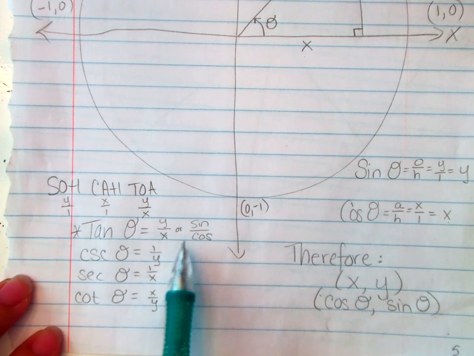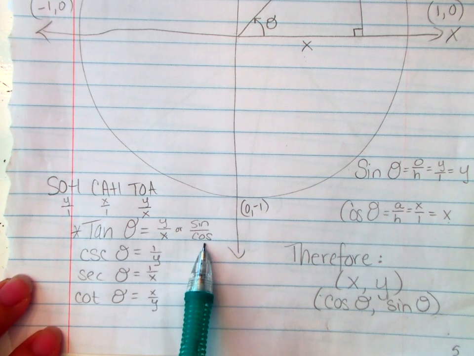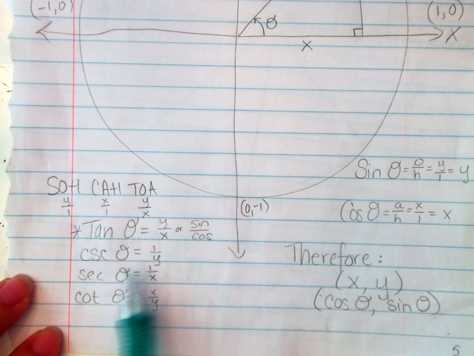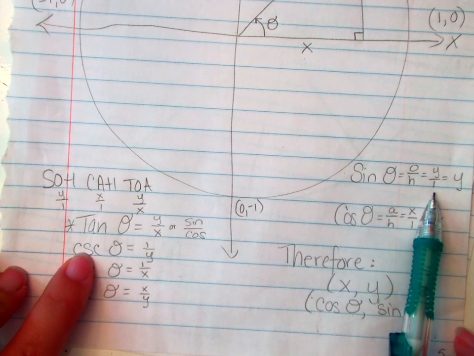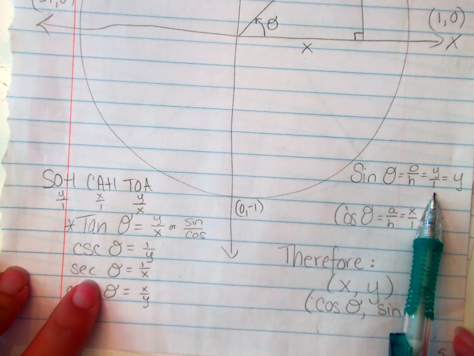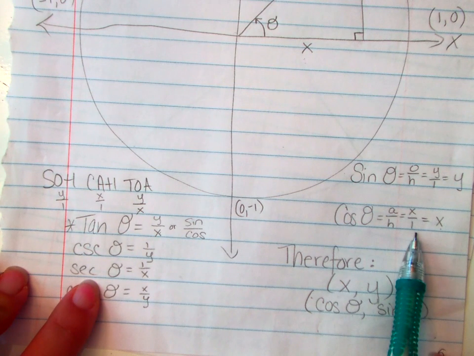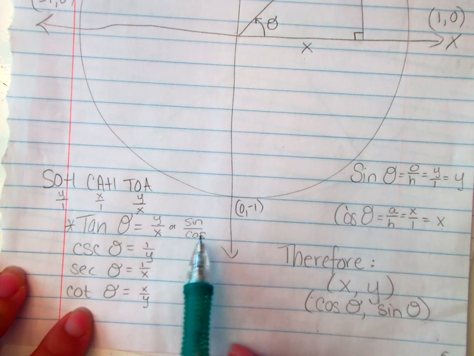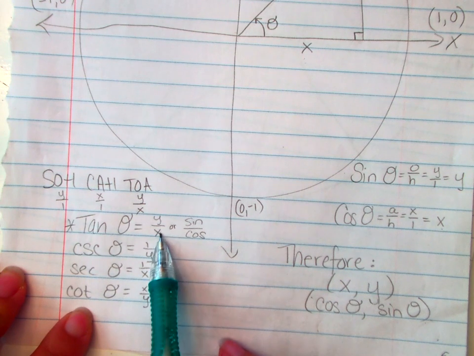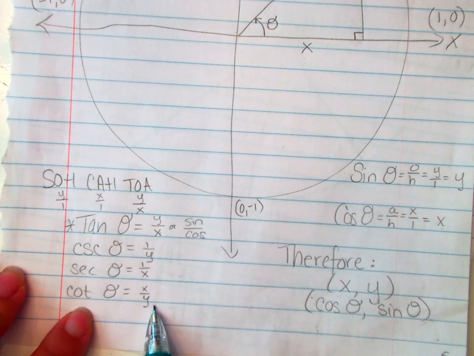So you can also write it as sine over cosine. Our cosecant theta is going to be 1 over y because that's just the reciprocal of our sine. Our secant theta is the reciprocal of our cosine, so it's going to be 1 over x. And then our cotangent is going to be the reciprocal of y over x, so now I have x over y. All right, let me zoom out.